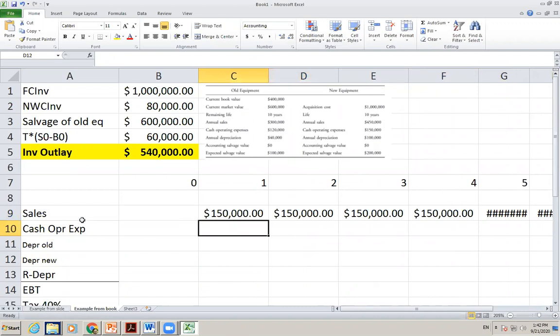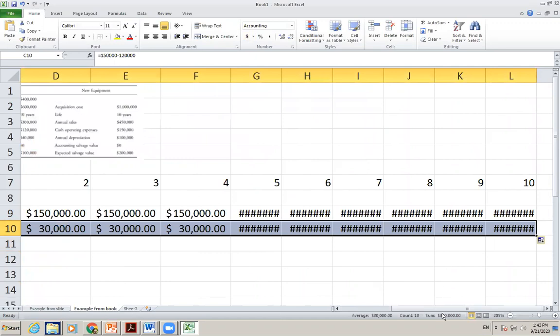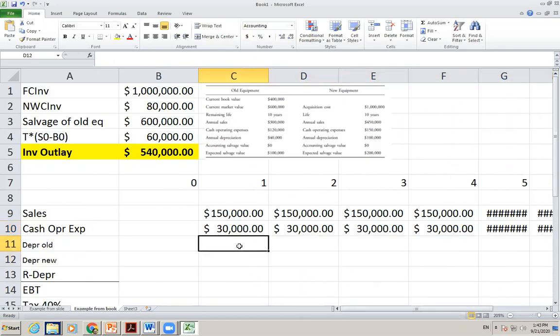Coming to cash operating expenses, 150, 120. 150,000 minus 120,000, which is 30,000 incremental value. And depreciation old and depreciation new. The old one, 40,000. And the new one, 100,000.